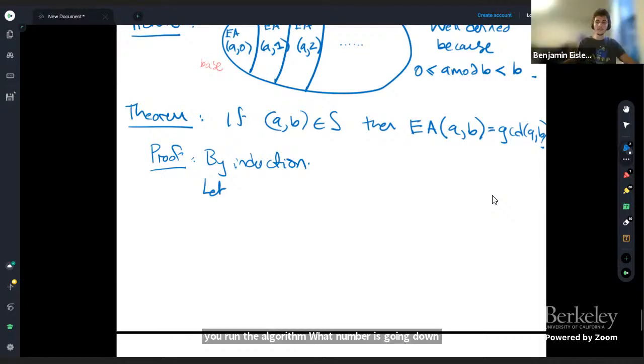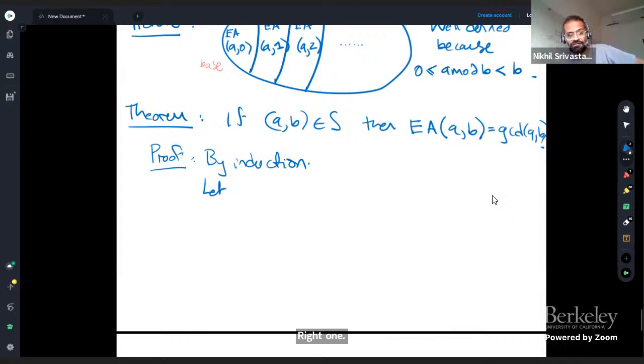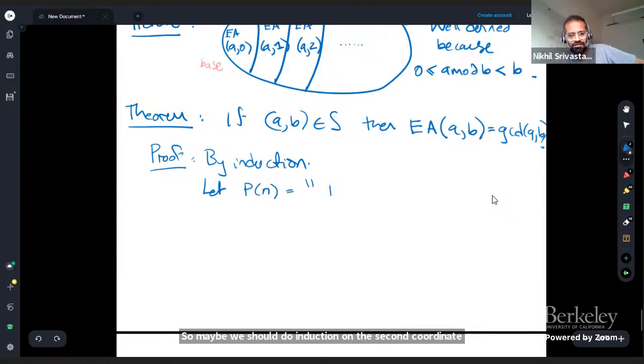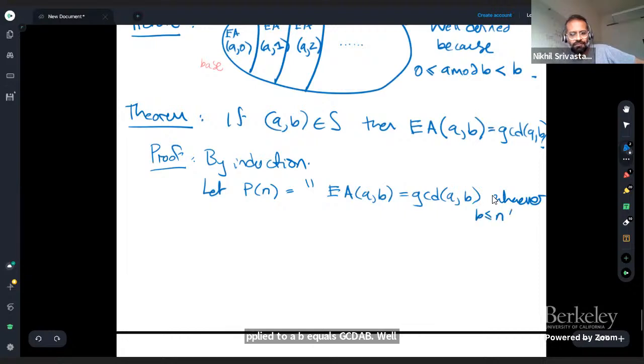The second coordinate, right? So maybe we should do induction on the second coordinate. So let P(n) be that the Euclidean algorithm applied to (A, B) equals GCD(A, B) whenever the second number is at most n.